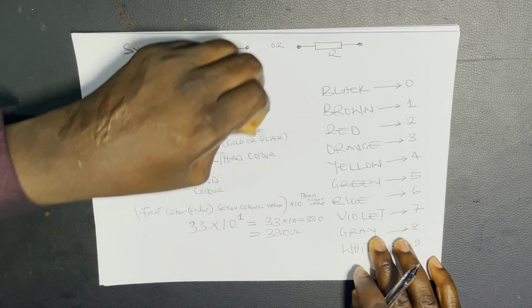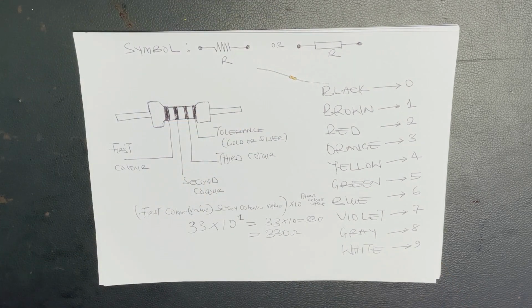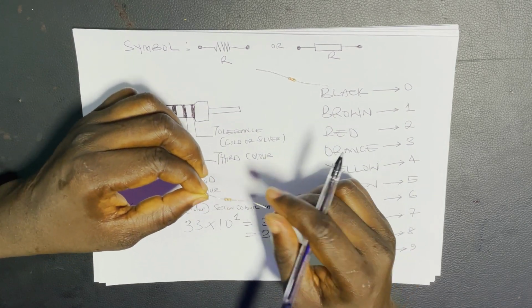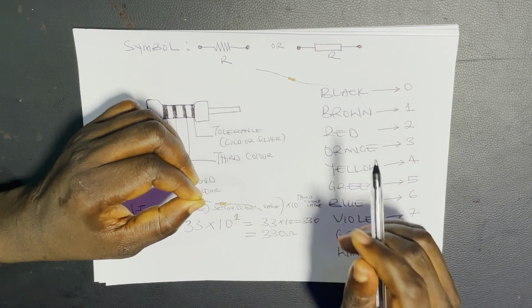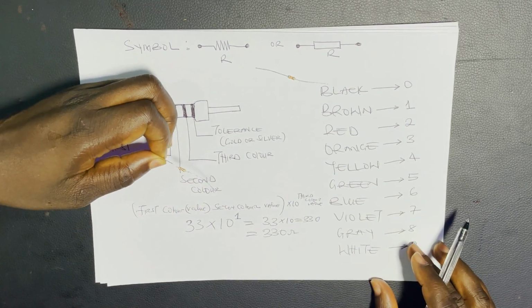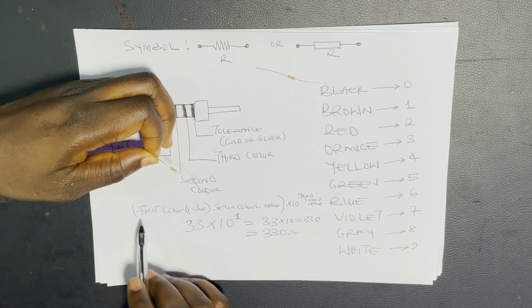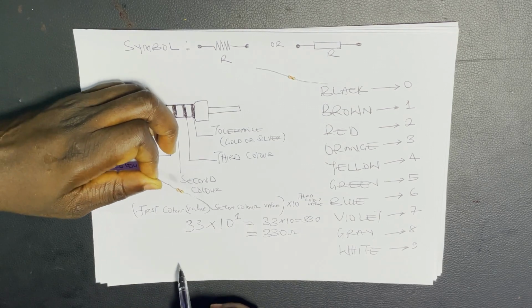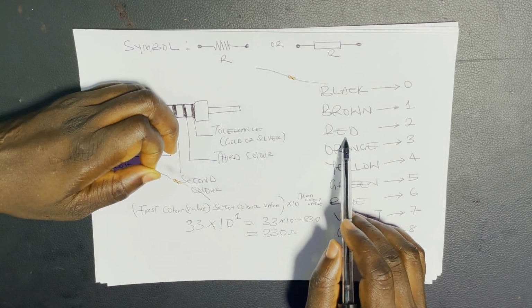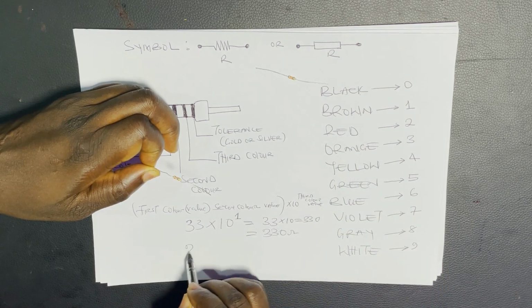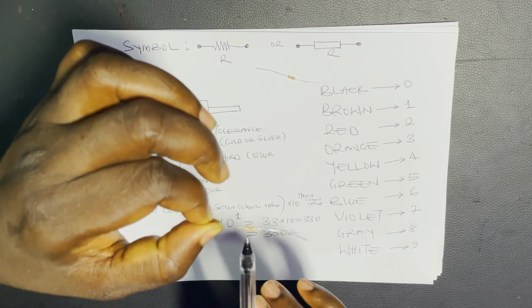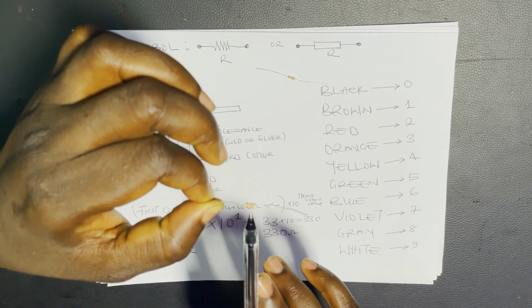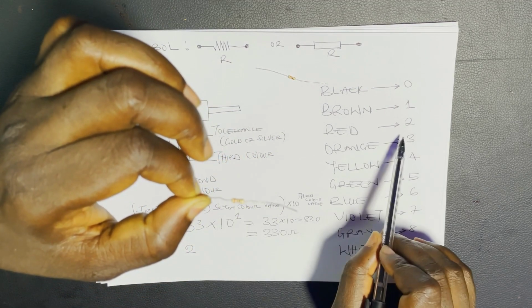So let's take another example. Let me choose a different resistor. This resistor has red, red, brown as its colors. Similarly, we can apply this formula. The first color is red, and the value assigned to red is 2. The second color is still red, and the value assigned to red is 2.